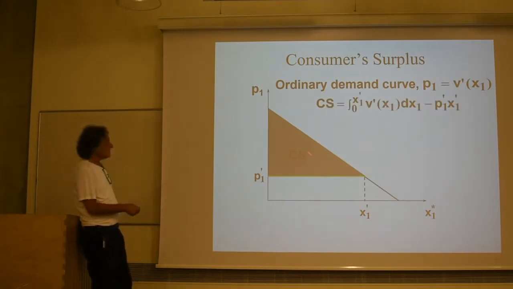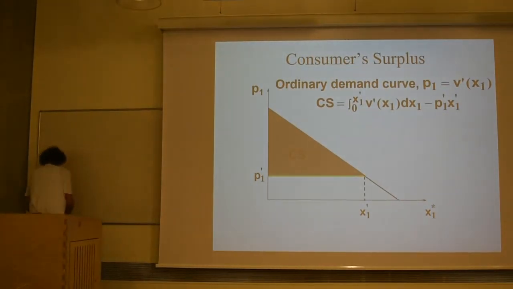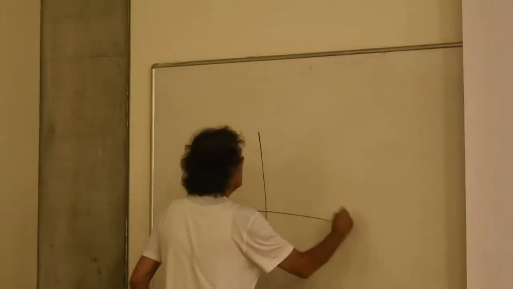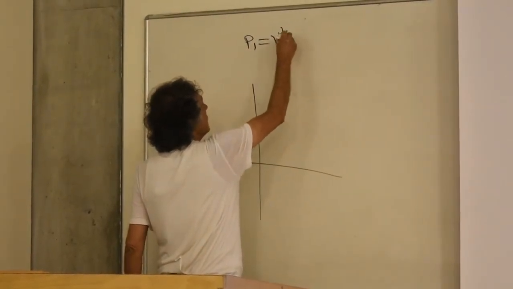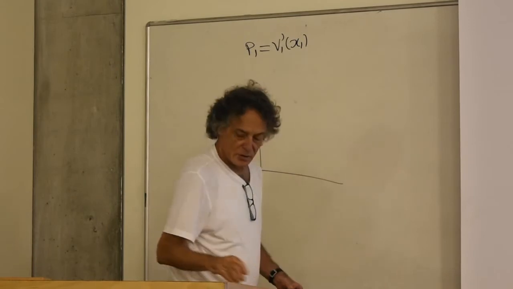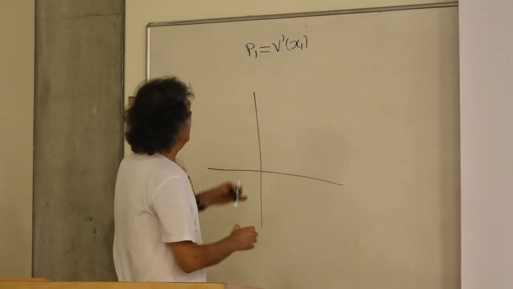Remember, P1 was equal to v prime of x1. That is the inverse demand.